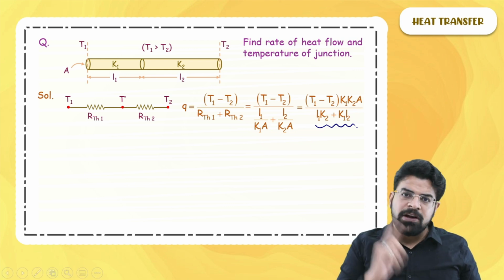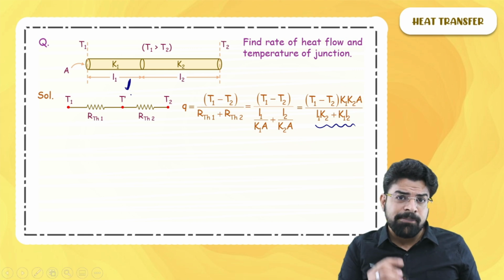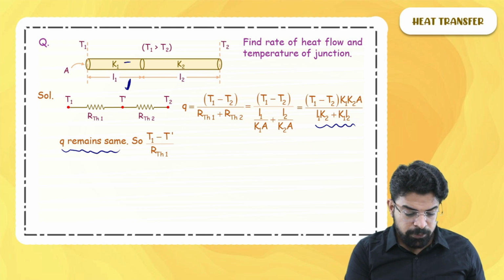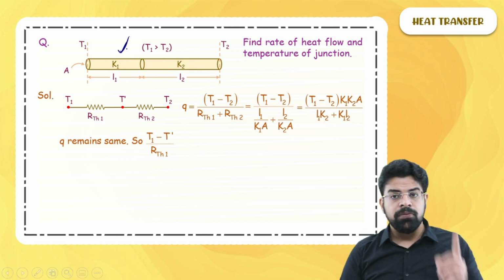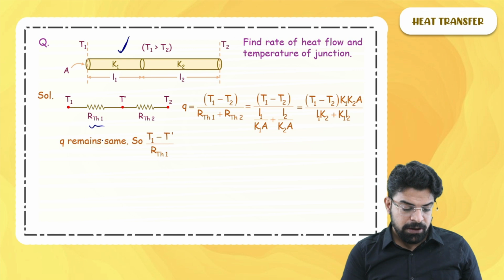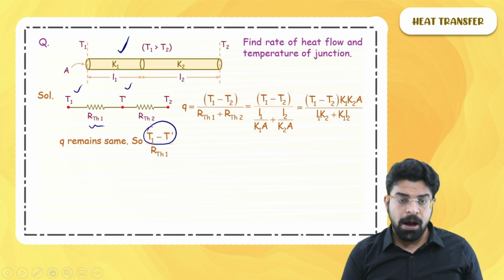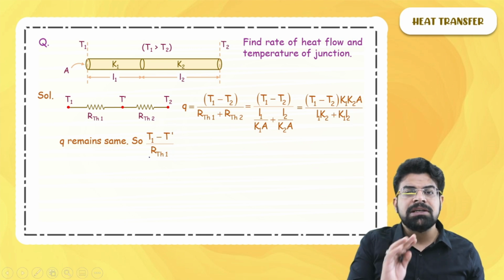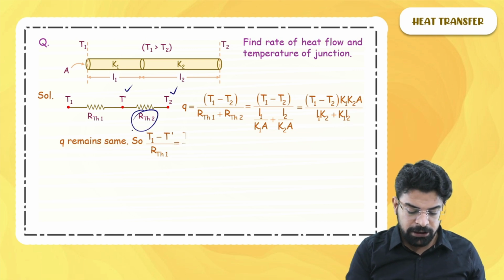They have asked me one more thing. What is the temperature of the junction? To determine the temperature of the junction, we know that the heat flow rate through both of them will be the same. Why? Because they are in steady state. So we can say the rate of heat flow in the first resistor, which is nothing but the temperature difference across it, T1 minus T dash upon R thermal 1, has to be equal to the rate of heat flow through the second thermal resistor, which will be T dash minus T2 upon R thermal 2.